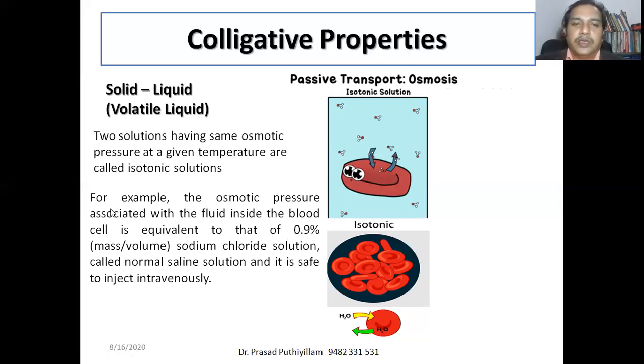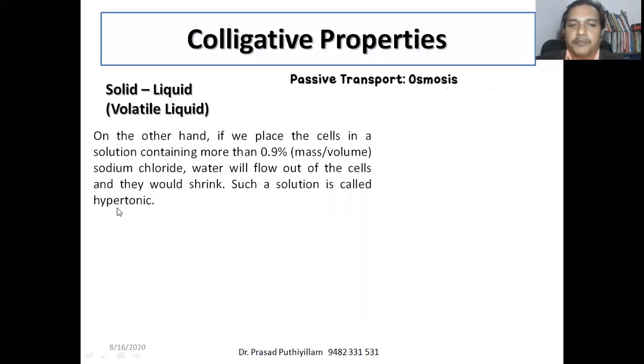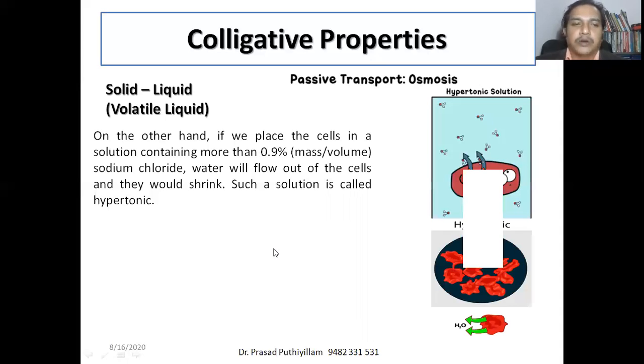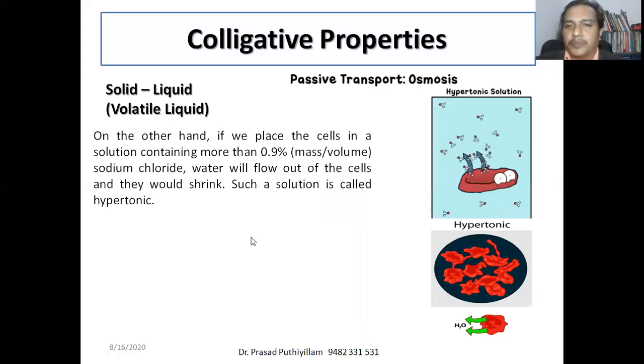If the mass of sodium chloride in the saline water we use for injection purposes is more than 0.9%, or if the solution concentration is more, then it creates a situation known as hypertonic. Hypertonic means more salt in the water.